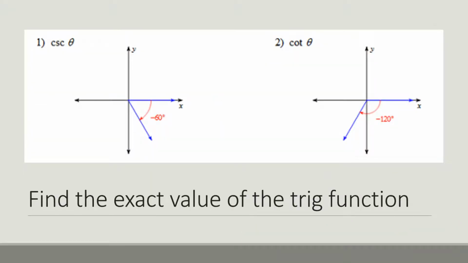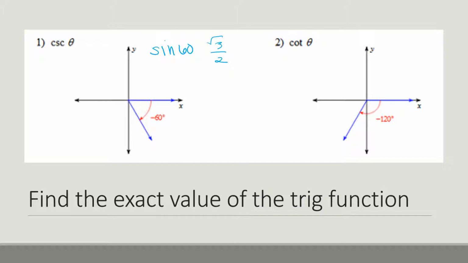All right, so let's find the exact value of the trig functions. And what I'm going to do is use the reference angles. I know that my reference angle here is 60 degrees, and we're asking for the cosecant. So my sine goes with cosecant. So sine of 60 is root 3 over 2.